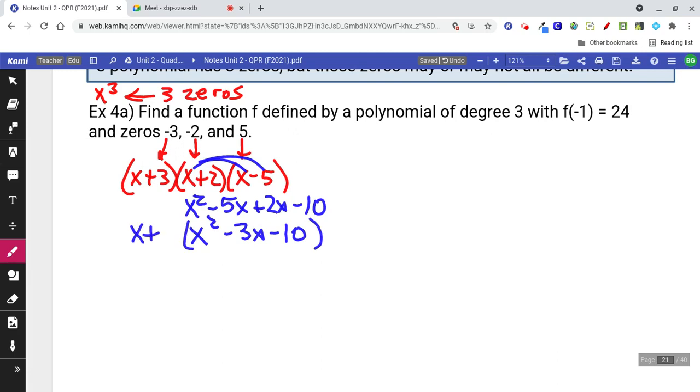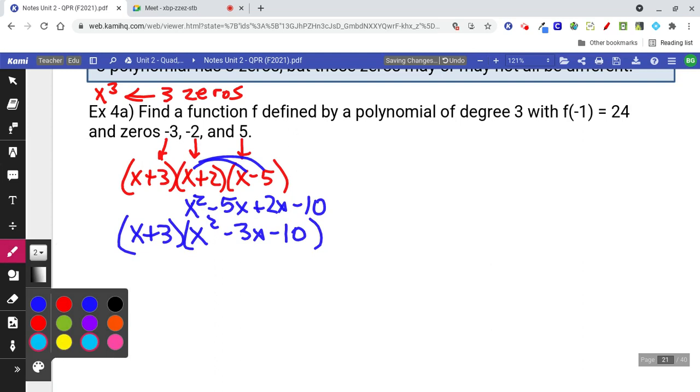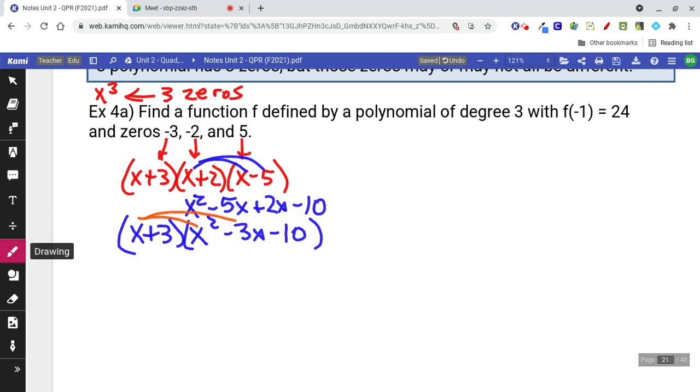But now what we have to do is another distributive property, because now we got to multiply the x plus 3. So think about it as distributive. Distribute an x to each of those three terms. You're going to have x cubed minus 3x squared minus 10x.